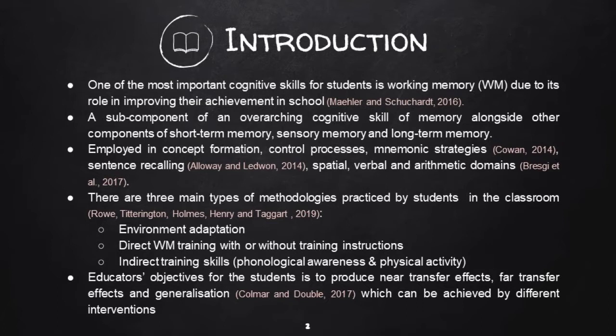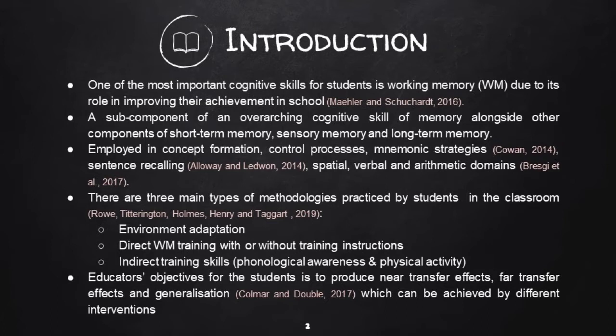It is briefly known as the small amount of information that can be held in mind and used in the execution of cognitive tasks. Working memory is employed in concept formation, control processes, mnemonic strategies, sentence recalling, spatial, verbal, and arithmetic domains, which shows it is an important component to ensure the efficiency of students' learning process.